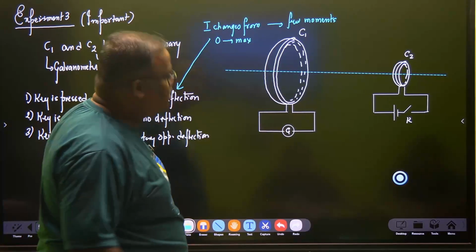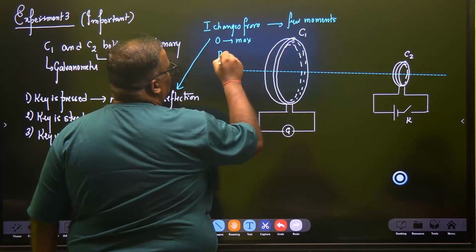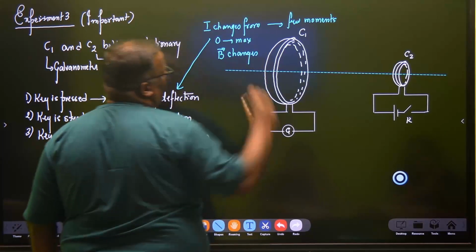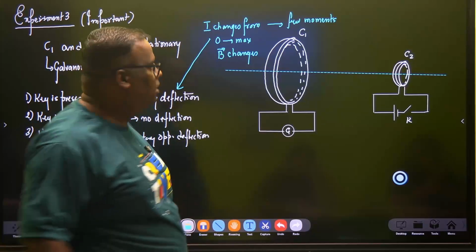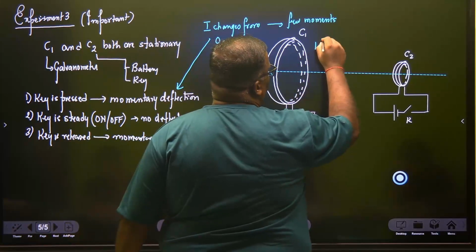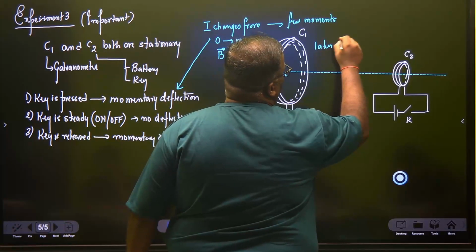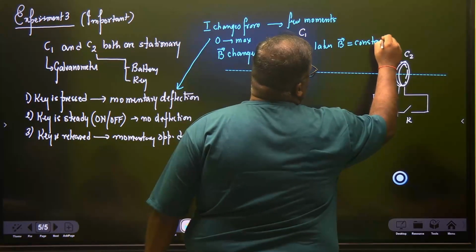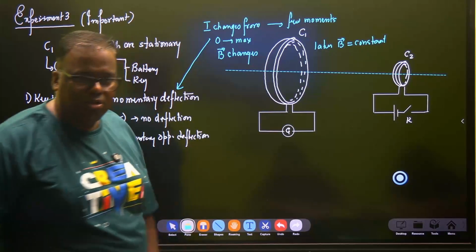When the current changes from 0 to max, your B, that is the magnetic field, changes. Clear? Later, B becomes constant. As the current has become steady, the magnetic field has also become steady.